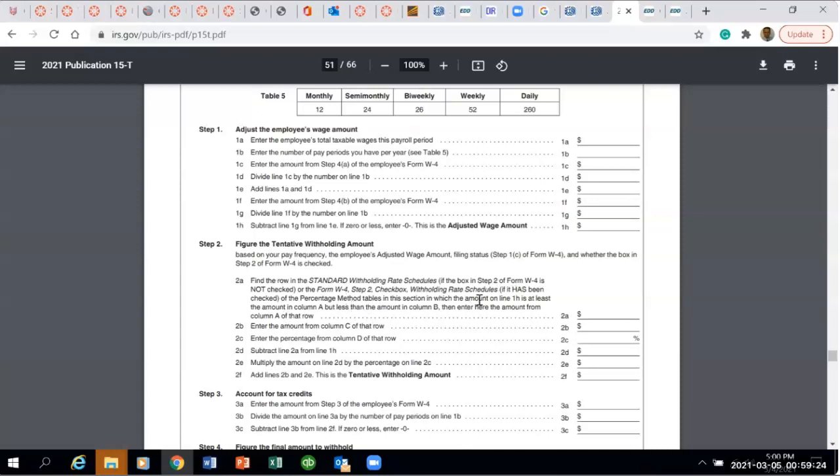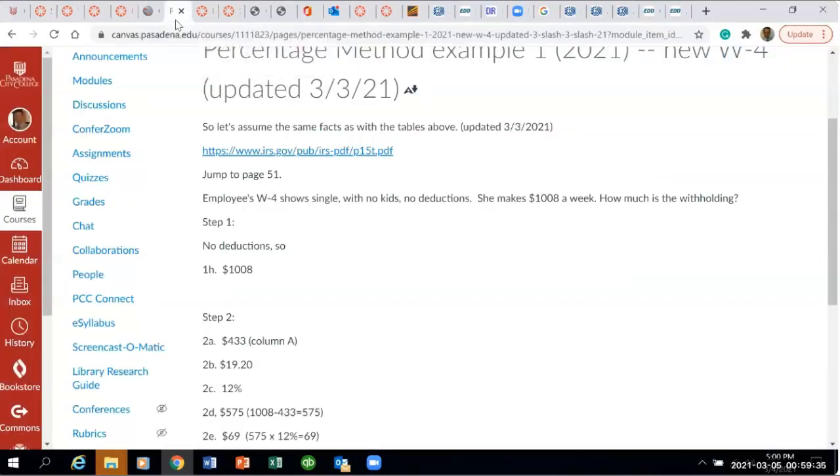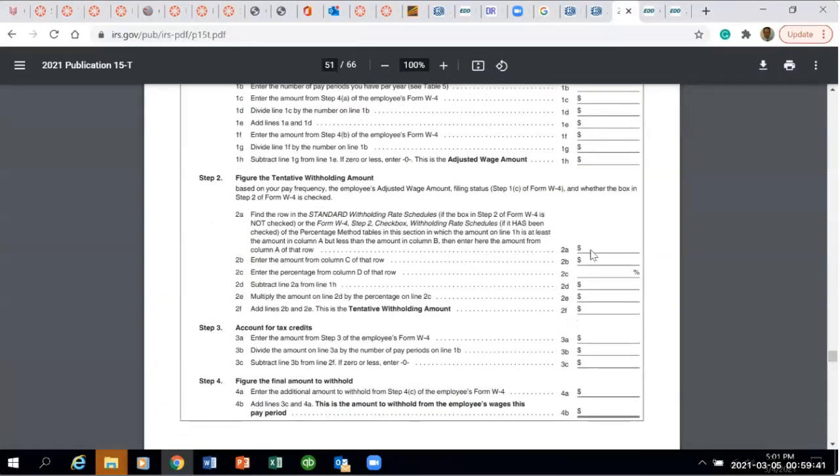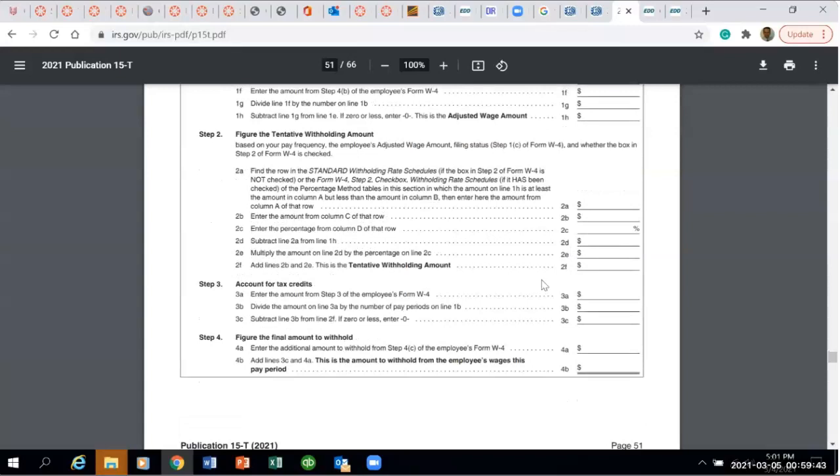So go to 2A at the bottom, 1,008. This is a weekly, and this is single weekly 1,008. Okay, so let's go down to see in 2A what do we get.